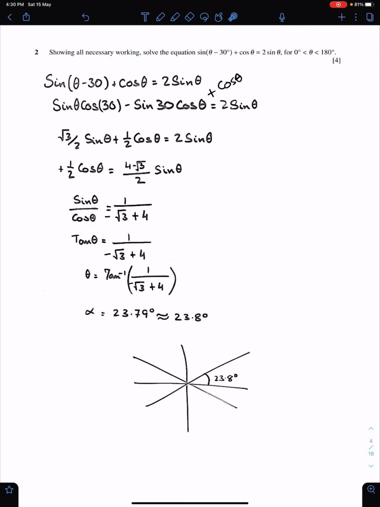Since tan is positive, we just need to work in first quadrant according to this domain. So this is the required answer up to one decimal place, 23.8.